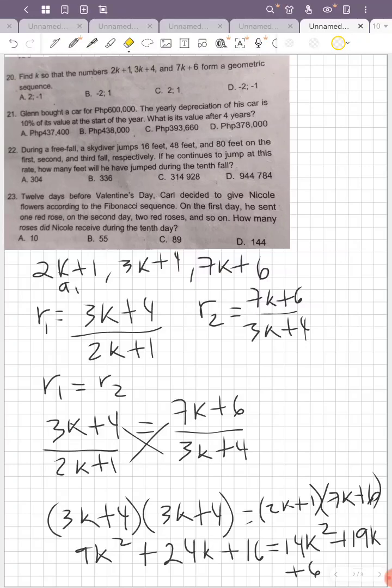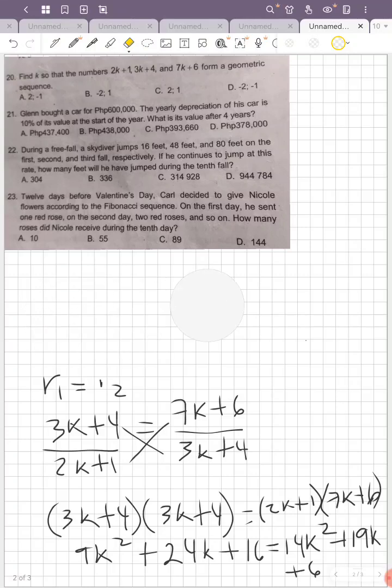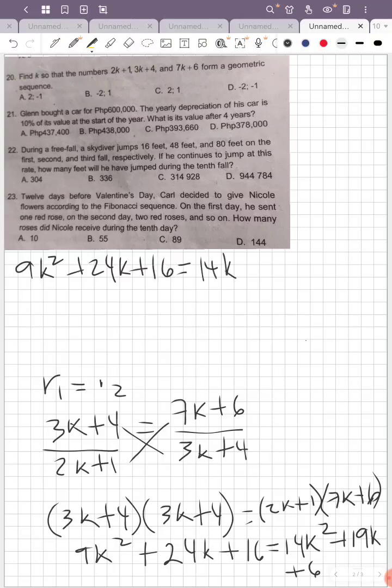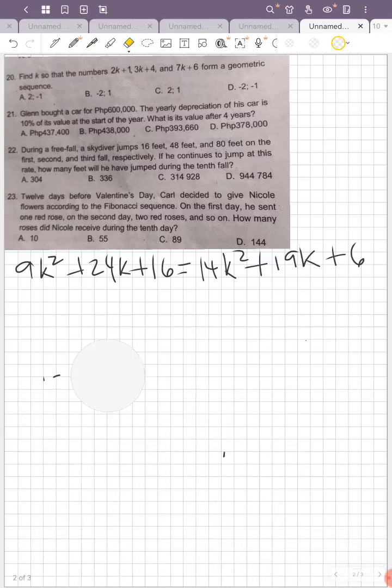So we're going to have to continue. We have to erase this one. I'll rewrite it so that it will be clearly written. So 9k squared plus 24k plus 16 is equal to 14k squared plus 19k plus 6. Then we will do the additive inverse. So this will remain here and this will be transposed.